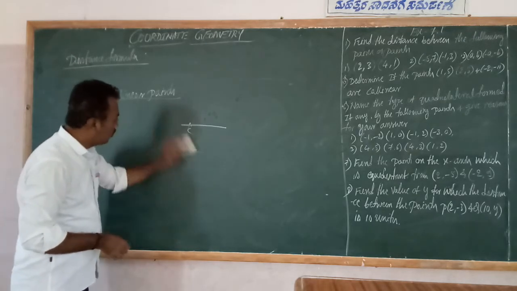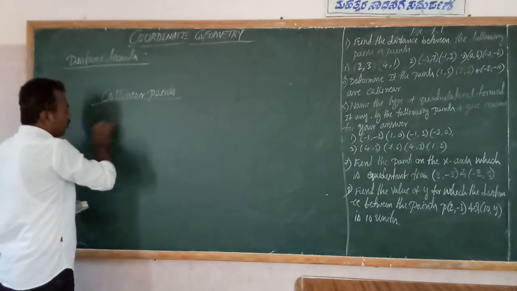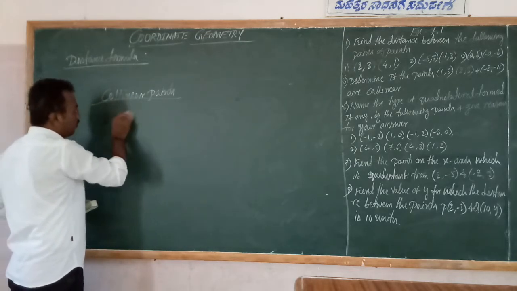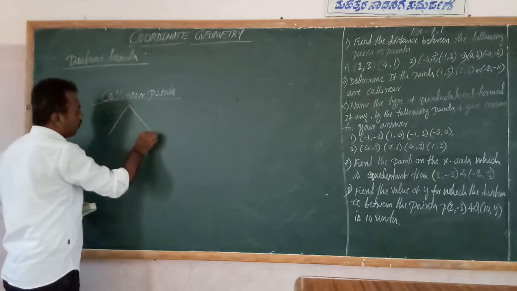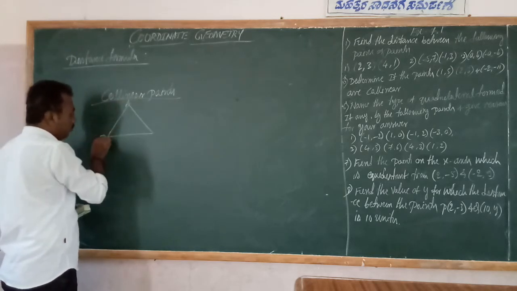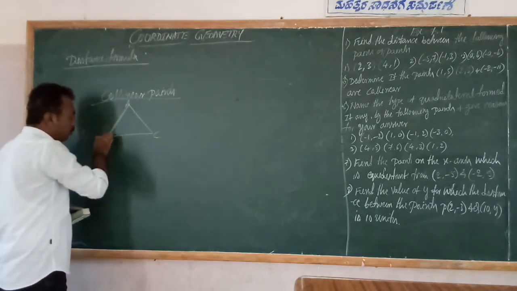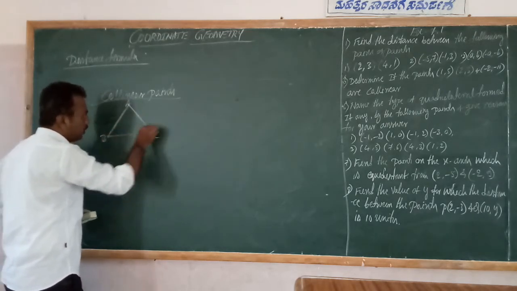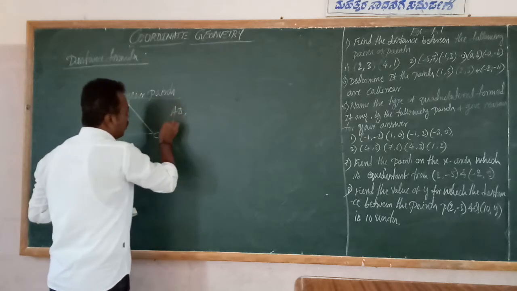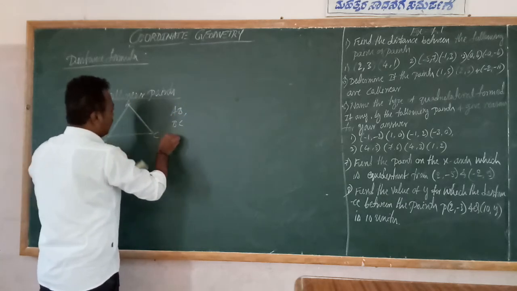Also, in the distance formula, you can take any triangle A, B, C. In that, there are three distances: AB, BC and AC.